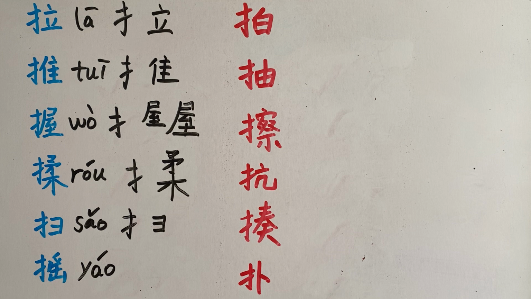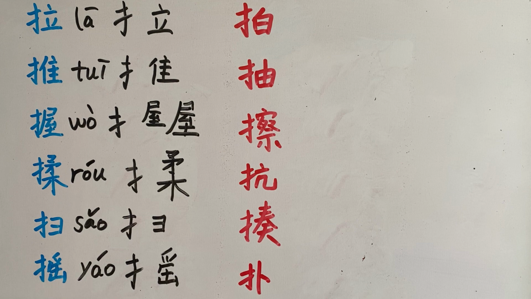Yao means to shake hard. 摇摇晃晃 to shake. 晃 is from left to right, right? To shake it, 摇晃. So it's written like this: the left part, the right part. Be aware of the order, right?